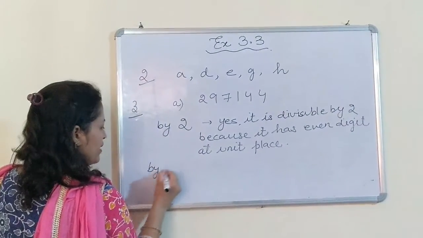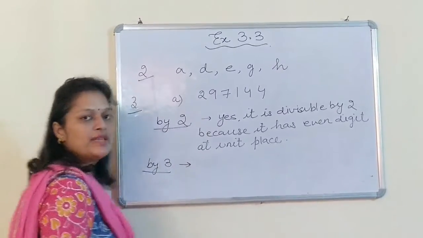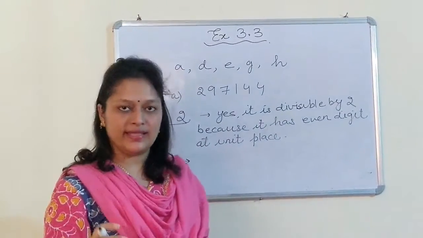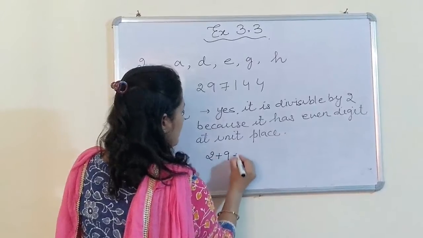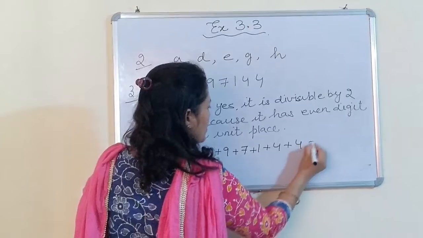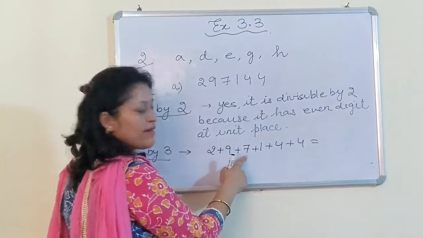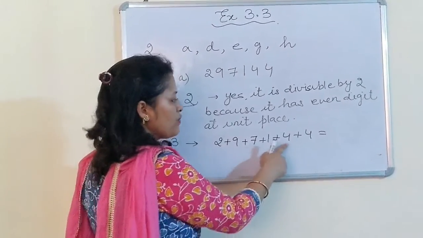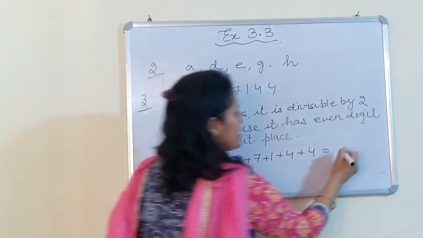Next, you have to check the divisibility by 3. Now, what is the divisibility rule by 3? You will add all the digits of the given number. 2 plus 9 plus 7 plus 1 plus 4 plus 4 is equal to: 2 plus 9, 11. 11 plus 7, 18, plus 1, 19, plus 4, 23, plus 4, 27.